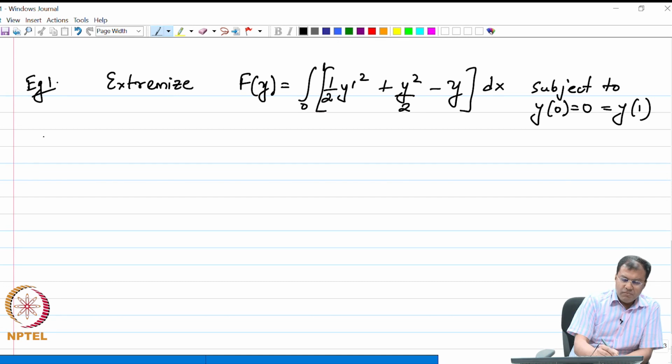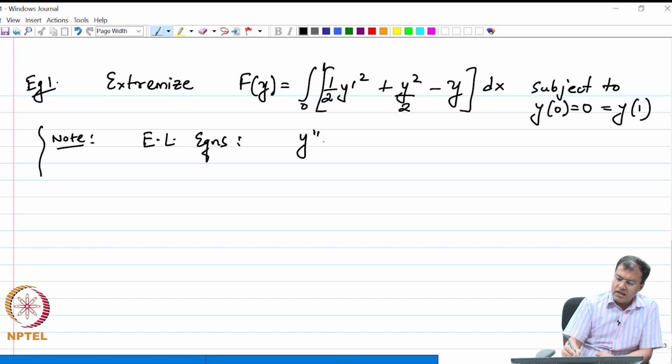Well, before I move ahead and find the extremum of this functional using Euler's finite difference method, let us see what is the exact solution given by the Euler-Lagrange method, right. So, note that if we were to find the Euler-Lagrange equations, we are going to end up with the following ODE.